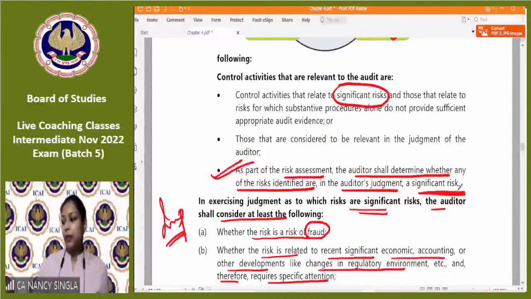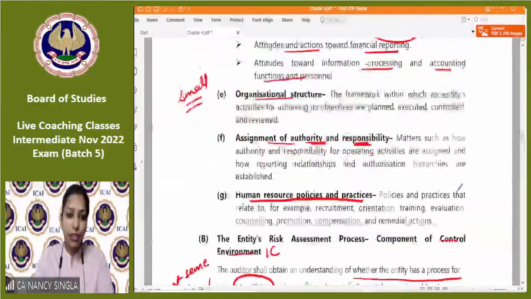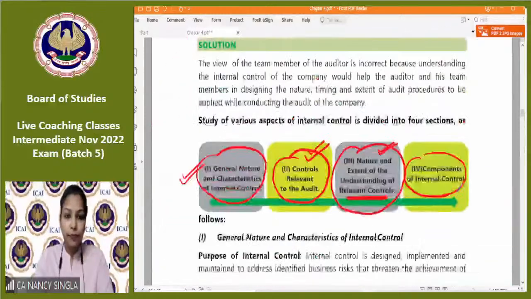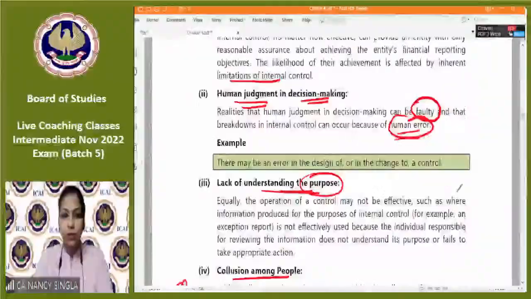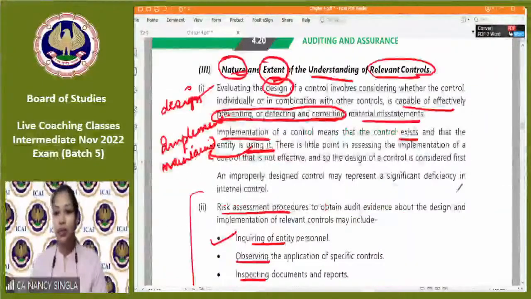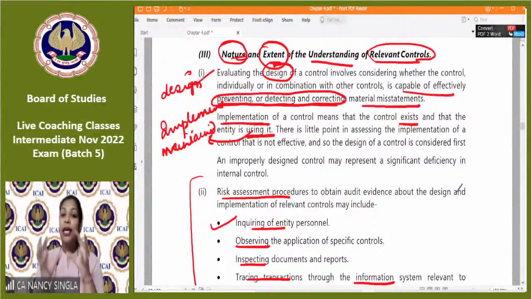So Amritpal is asking about the nature and extent of understanding of relevant control. Let me just take you through the topic. Here we understood that with respect to relevant control, I gave you the example that you don't have to take nuts and bolts and open a biometric device to see what is inside.